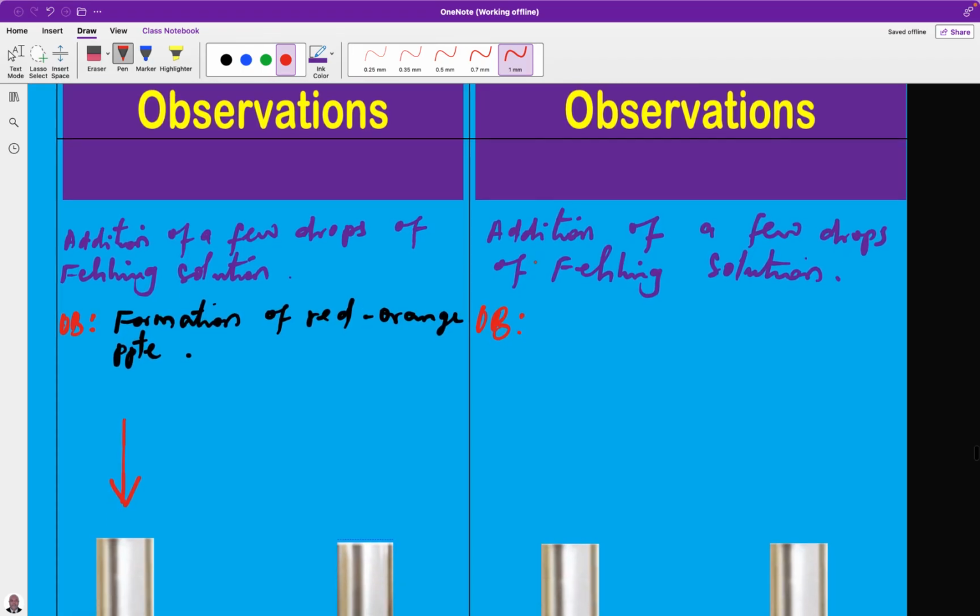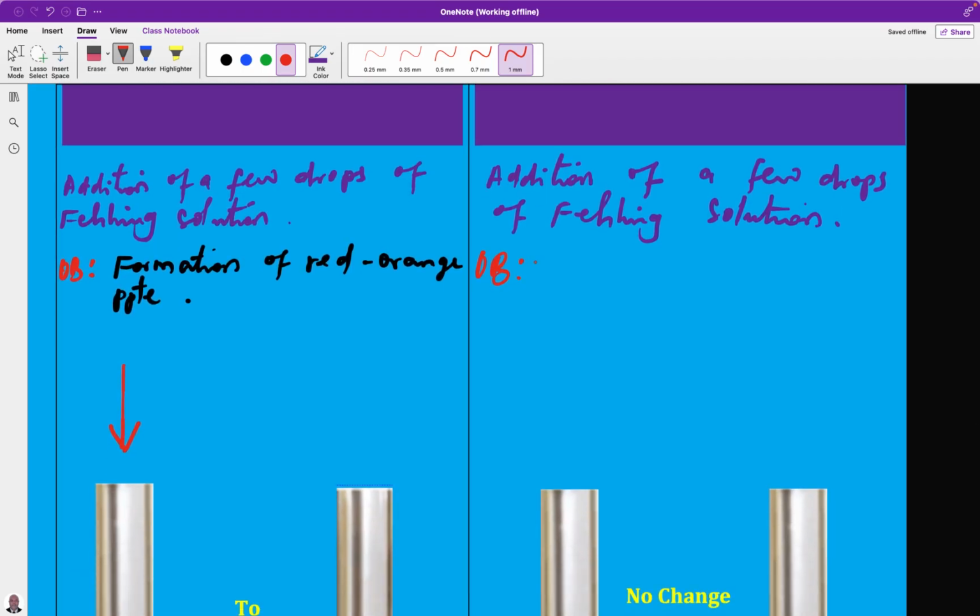What will happen there? No reaction. The blue color remains. No reaction is observed.